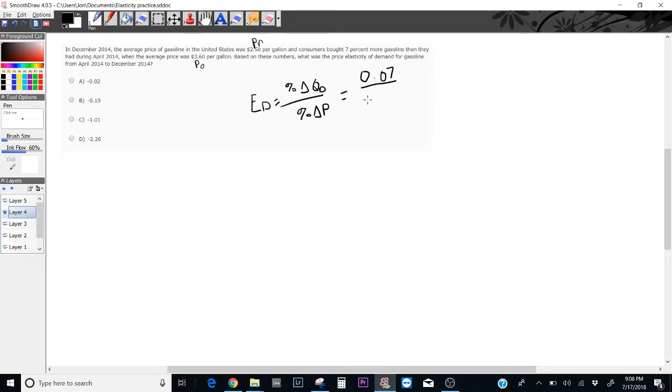And then our denominator is just going to be the bottom half of that midpoint formula, which is just P new minus P old over half of P new plus P old. And I apologize if I'm writing crooked. This tablet is not the easiest to work with. So I have 0.07.